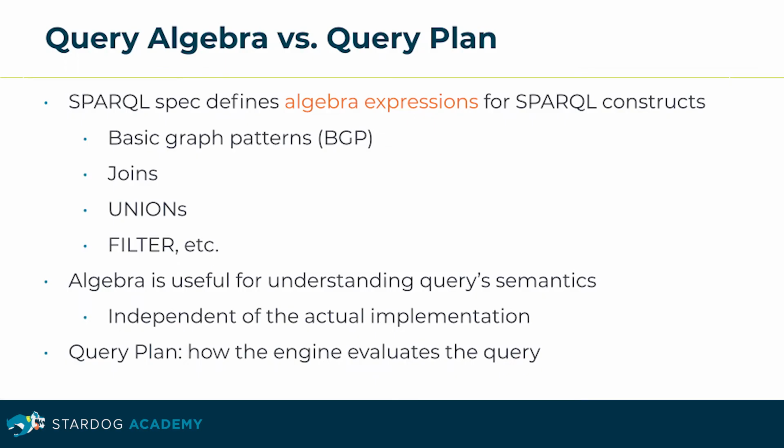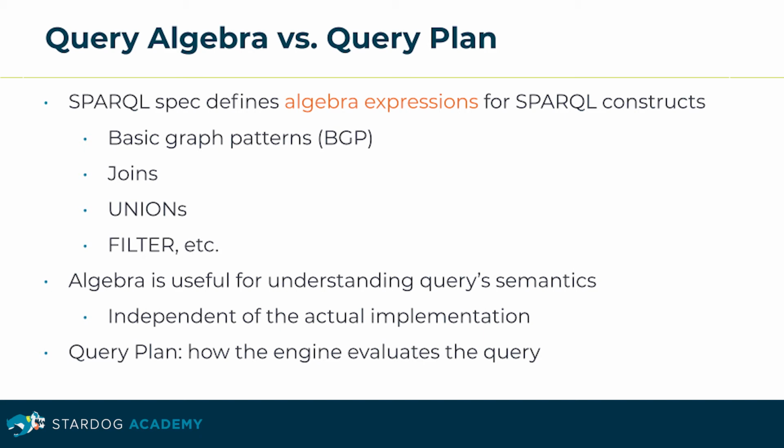So what is the difference between query algebra and a query plan? Well, SPARQL defines semantics using algebra expressions for all SPARQL constructs and specifying what their results should be. There are expressions for all basic constructs in the language, such as BGPs, joins, unions, filters, aggregations, and so on. An implementation like Stardog is free to implement these expressions in any way it wants, as long as the results are as specified.